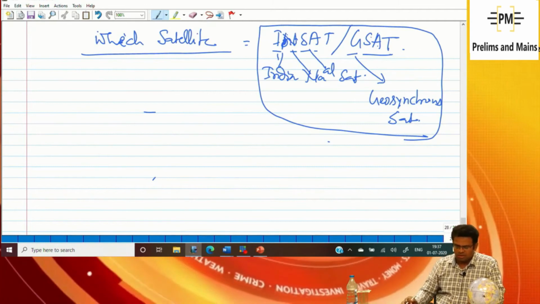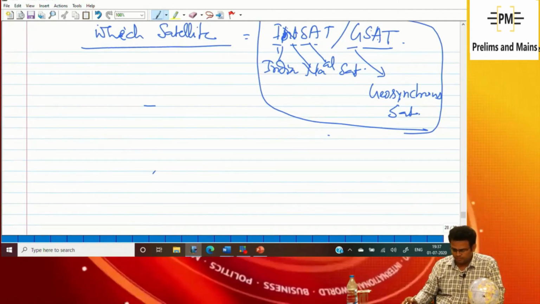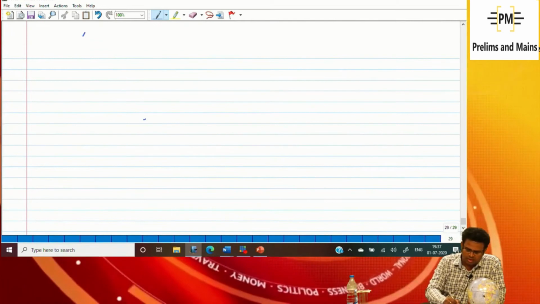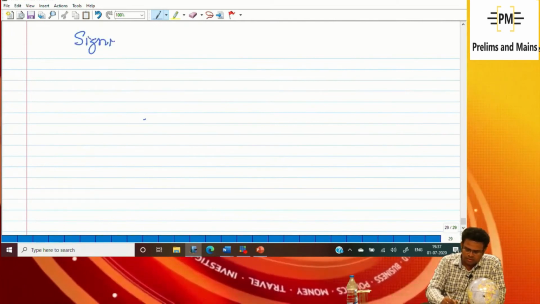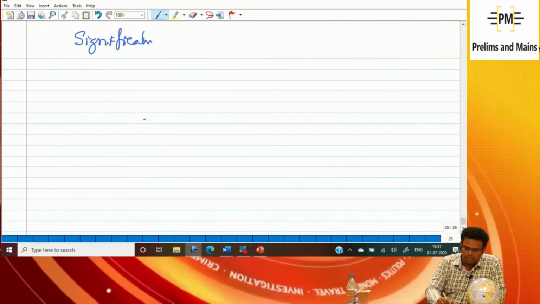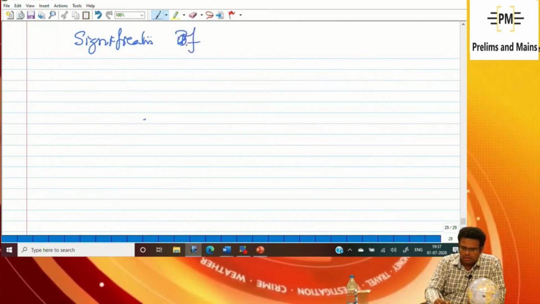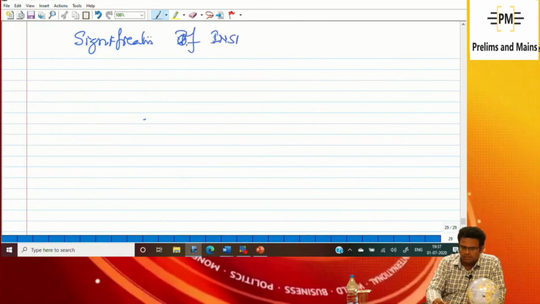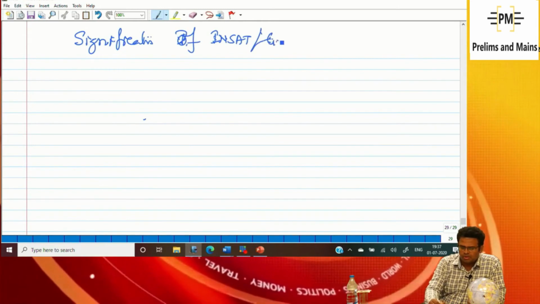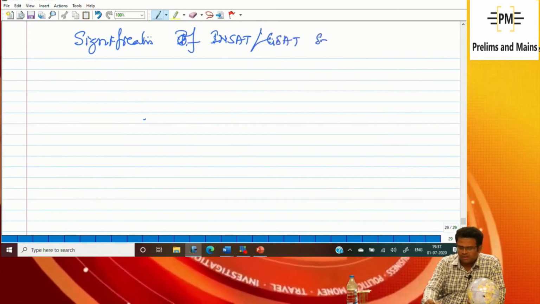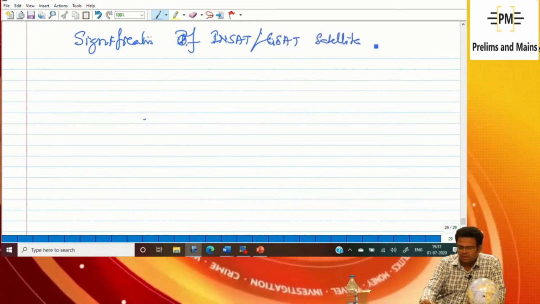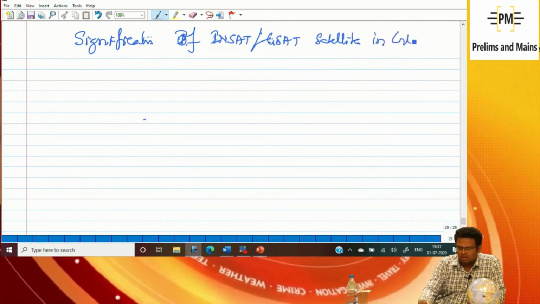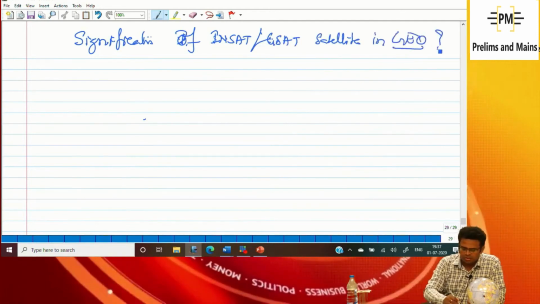Now what is the significance of INSAT or GSAT satellites in geosynchronous Earth orbit?